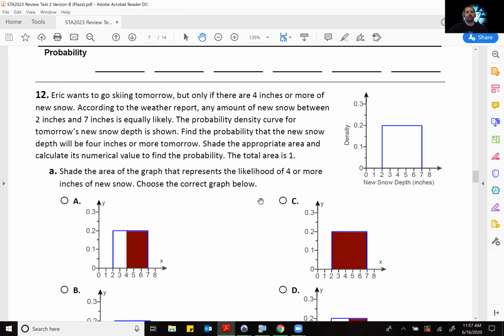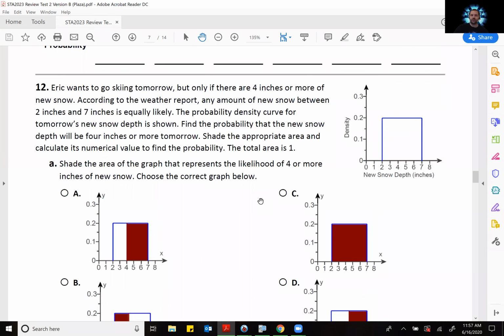All right. So right here, number 12. It says Eric wants to go skiing tomorrow, but only if there are 4 inches or more of snow. According to the weather report, oh, she's got it for us. Perfect.